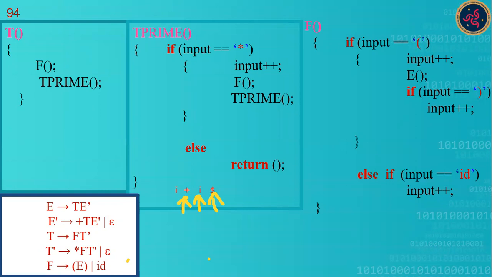Now after completing this function, it will be returned back to the position where it is called. So here again there is T prime. Again, what is T prime? T prime will check whether the input is pointing to the star symbol. It is not, right? So again, this function will return to the place where it is called.